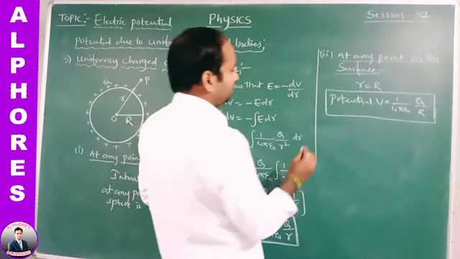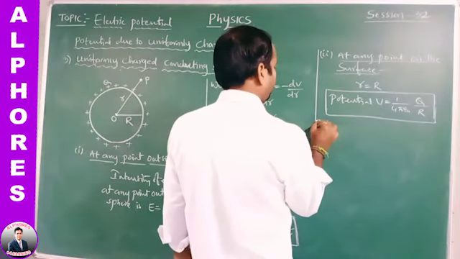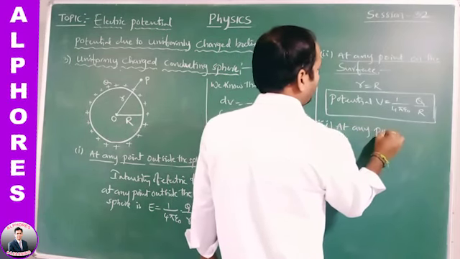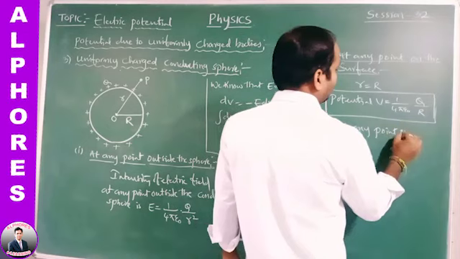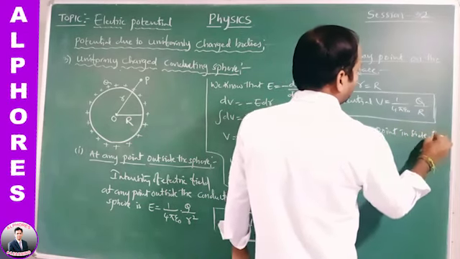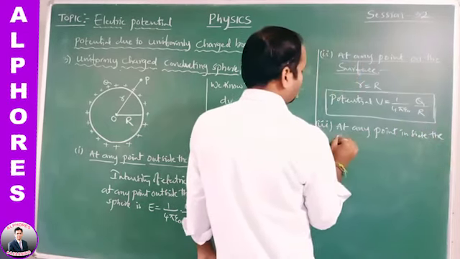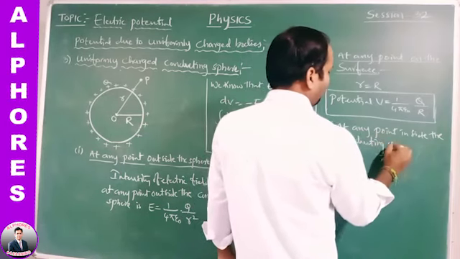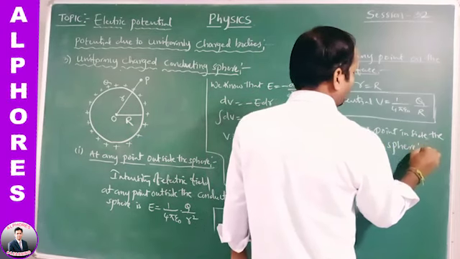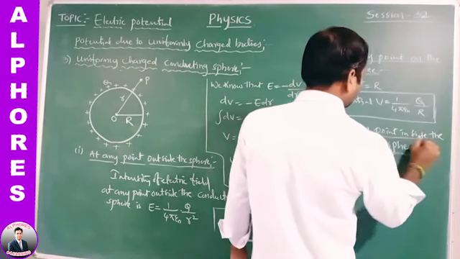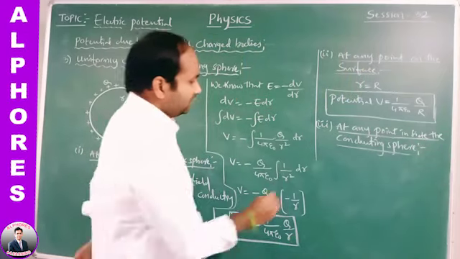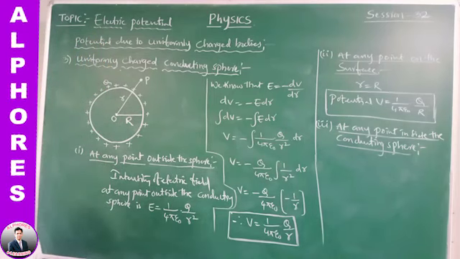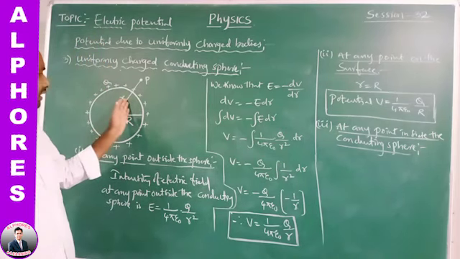And the third one: at any point inside the conducting sphere. We need to find the electric potential at any point inside the conducting sphere.